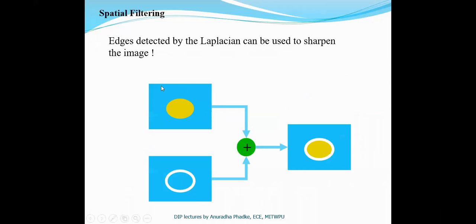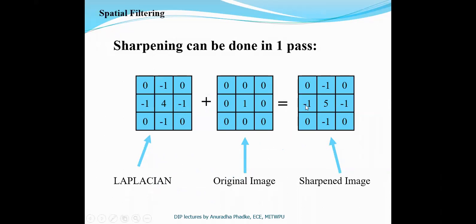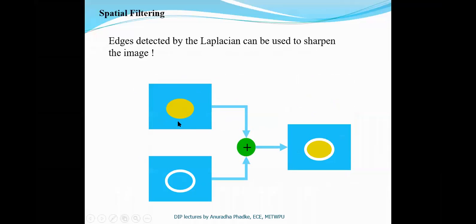So again, if we consider this image, and on this image, if we apply a mask where central coefficient value is 5 and it is surrounded by -1, -1, -1, -1, we will directly get this result. That is, it preserves the background as well as it sharpens the edges.